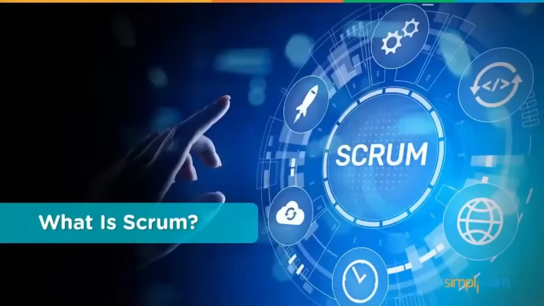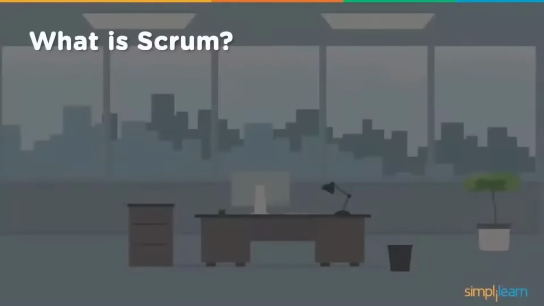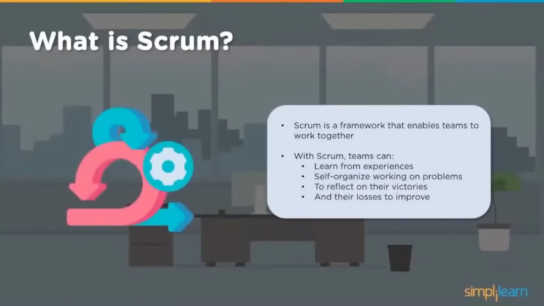So what is Scrum? Let us look at that. Scrum is a framework that enables teams to work together. Collaboration is very important while we become agile. With a Scrum team, one can see and experience, so learning from experiences happens and those are captured.